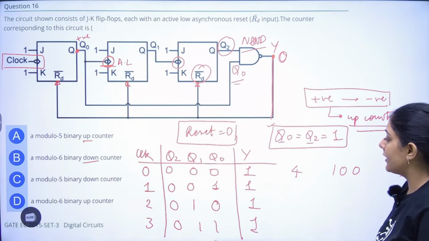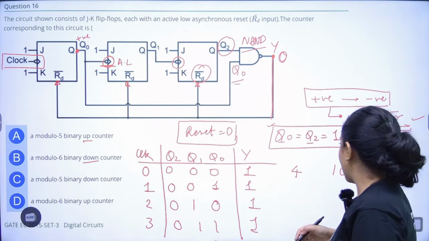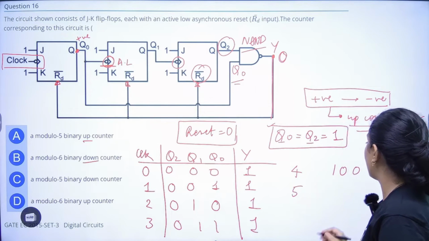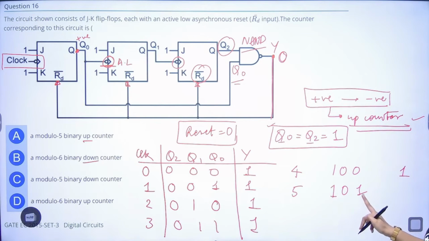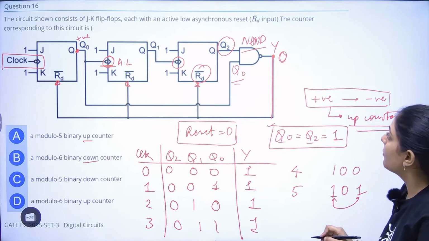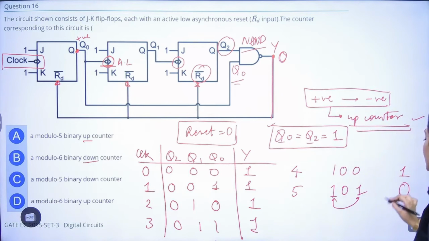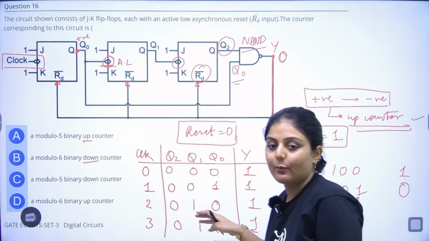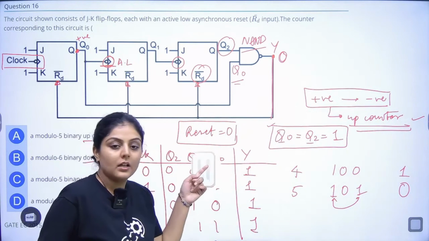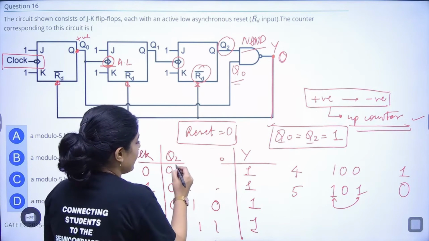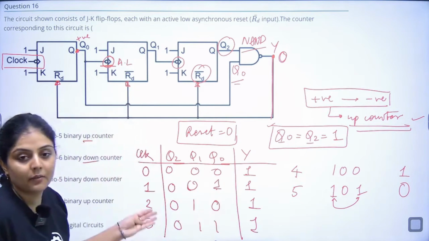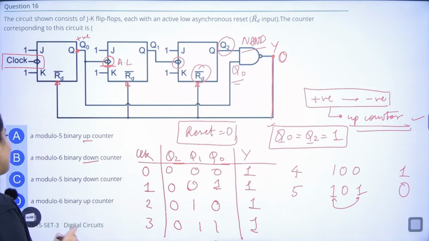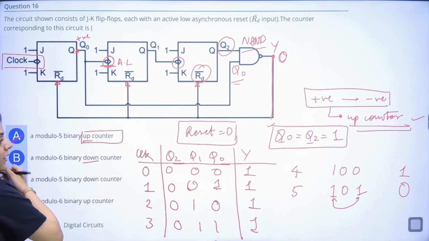We haven't received any such values till now. Fifth one, 1 0 1. Now Q2 and Q0 become equal to 1, and as the input of the NAND gate, the output will become 0. Now it will reset all the values and come back to the initial state. So it is a mod 5 counter and it is an up counter.